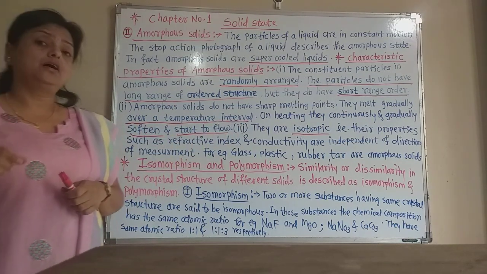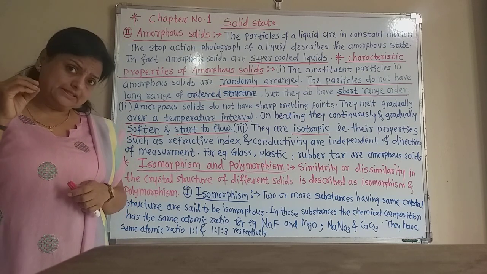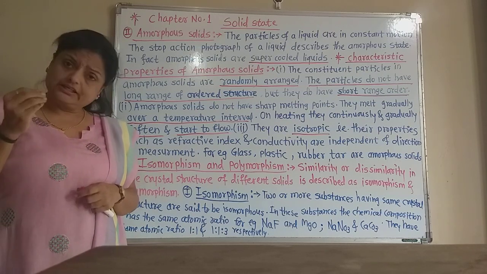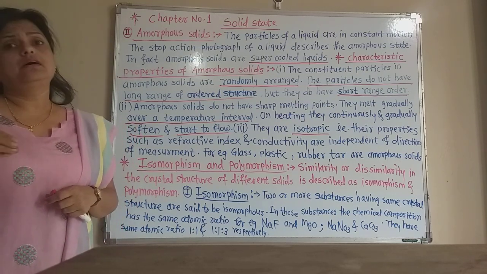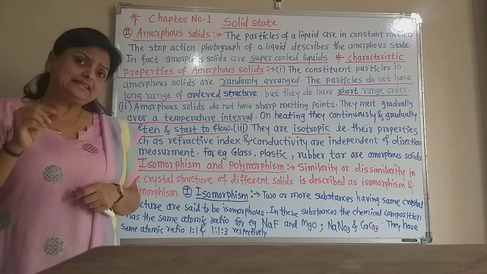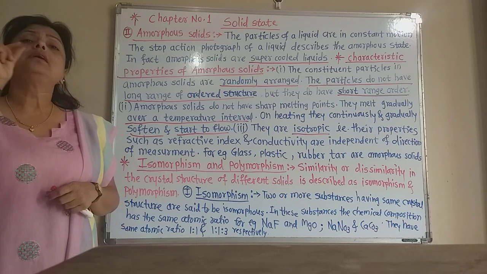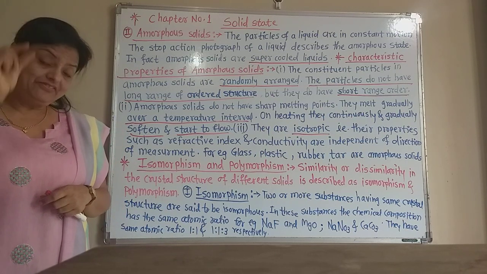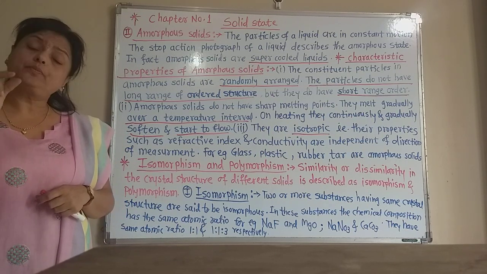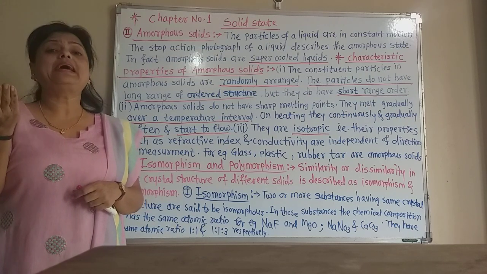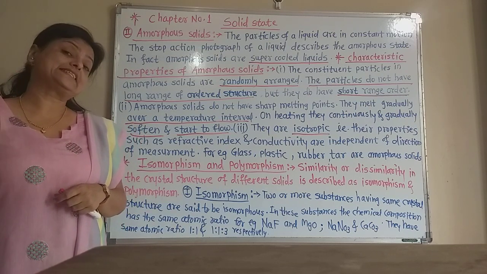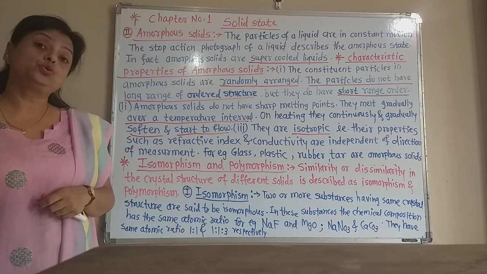For example, if there is an amorphous solid whose melting point is in the range of, suppose, 400 to 410 Kelvin, that means in this range it may melt at 405, 406, 401, 402 Kelvin.